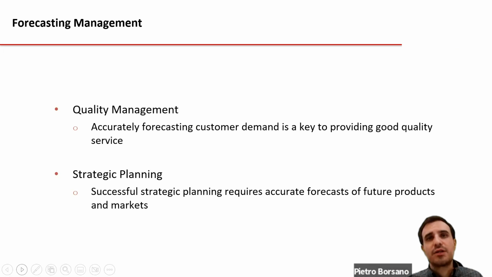In conclusion, two final points to consider are the relationship between forecasting and quality management, and the relationship between forecasting and strategic planning. Forecasting can also help ensure higher quality of our products. Let me give you an example. A restaurant failed to predict the demand. They predicted 50 as a demand, and they got 80 customers.